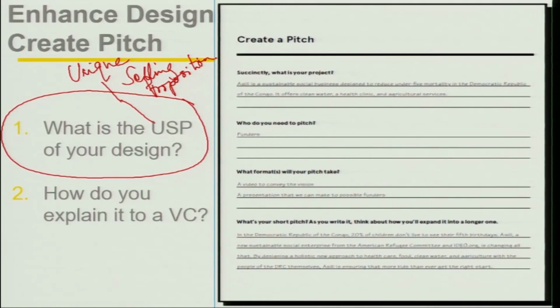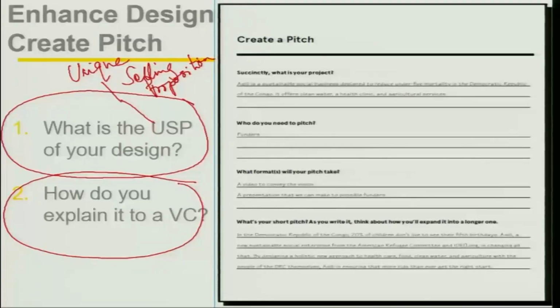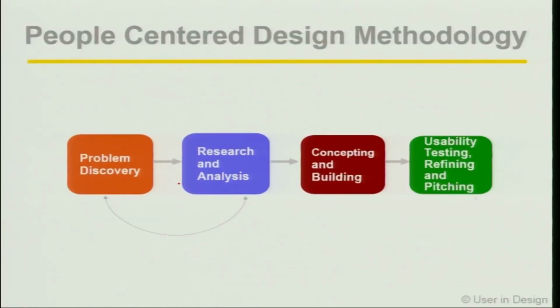So in other words, it is like saying, what's so great about your design? What's so great about your solution, right? And how do you explain it to a venture capitalist, for example? A venture capitalist is interested in how this makes business sense. So if you're able to think along those lines and then create your pitch, you will be in good shape.